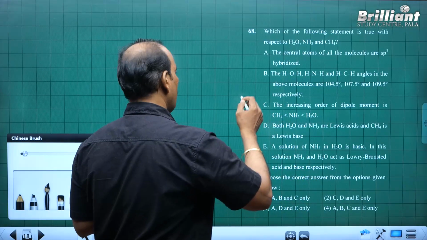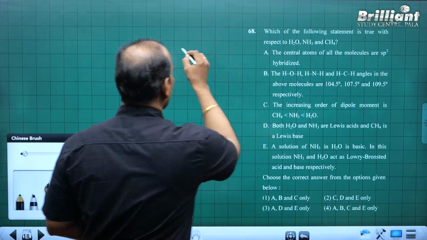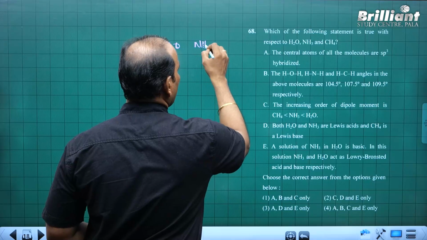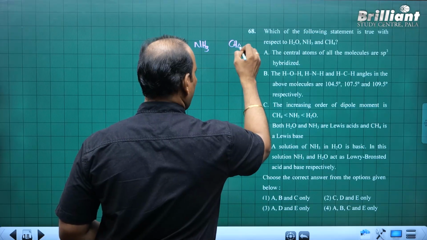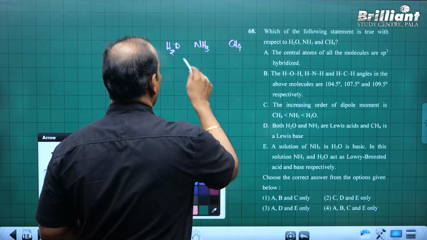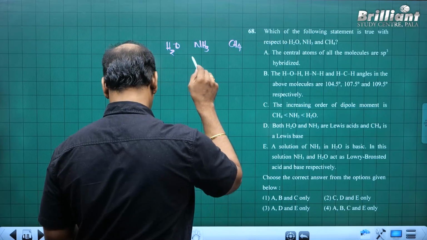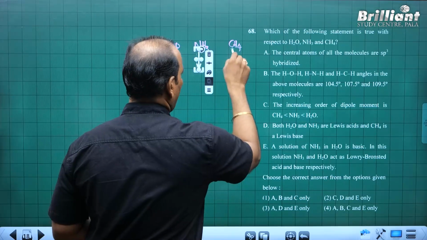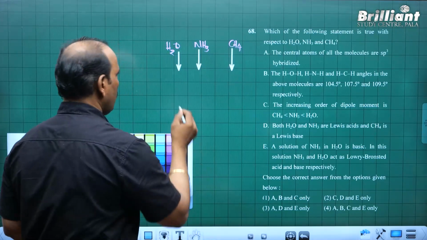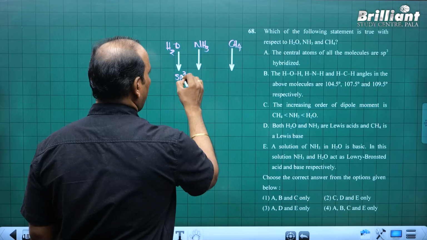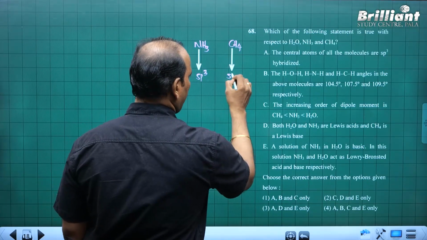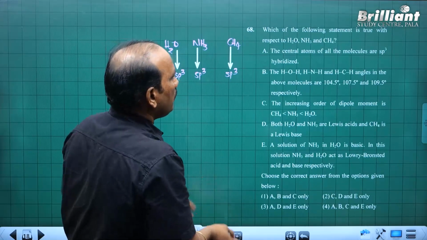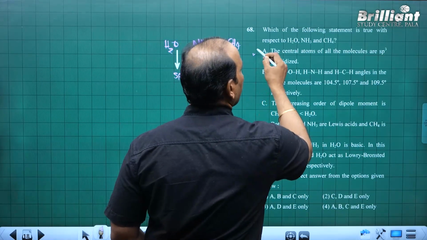Then in H2O, then NH3, then CH4, this is involved in sp3 hybridization. sp3.